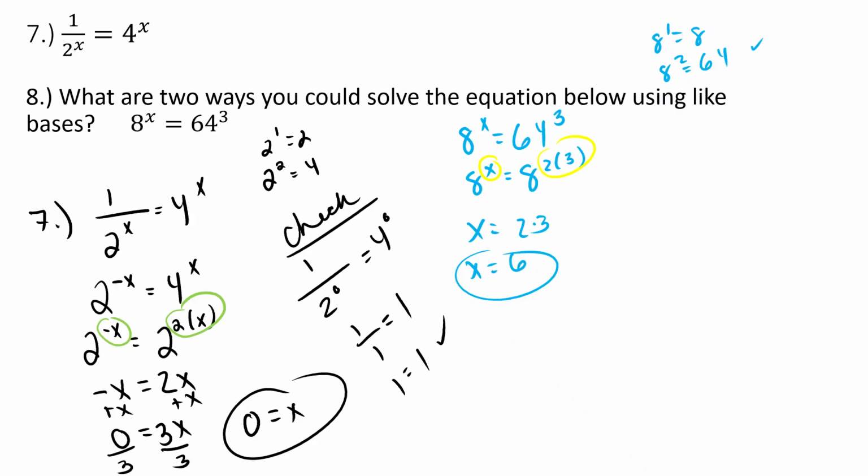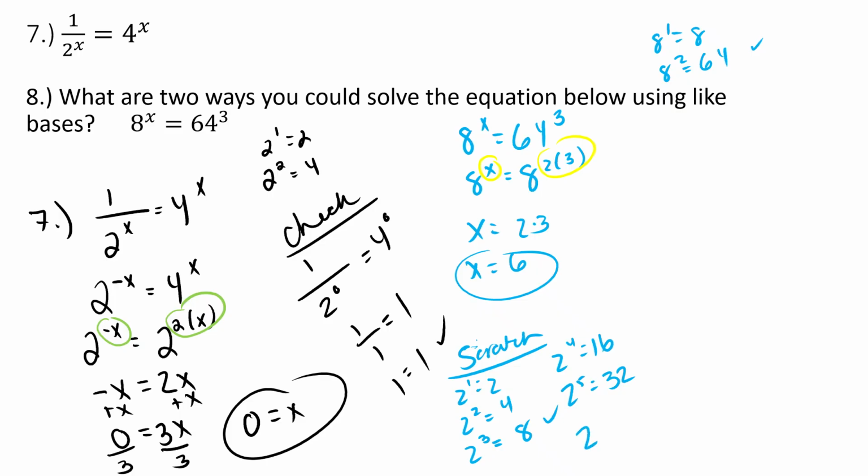And so this one might require a little bit of gymnastics, but both 8 and 64 can be written as powers of 2. And so if we kind of go through this, this is our scratch work down here. 2 to the first power is 2, 2 squared is 4, 2 to the third is 8, so that gives me the 8. 2 to the fourth is 16, 2 to the fifth is 32, and 2 to the sixth is 64.